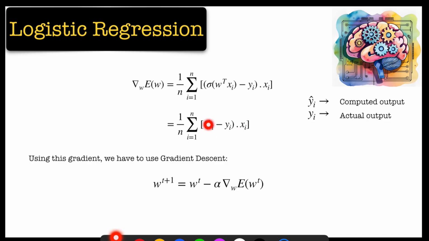So this is the computed output, this is the actual output. That's how we are getting the gradient of the loss function of logistic regression. Using this gradient, we have to use gradient descent, and that's how we will optimize our problem.